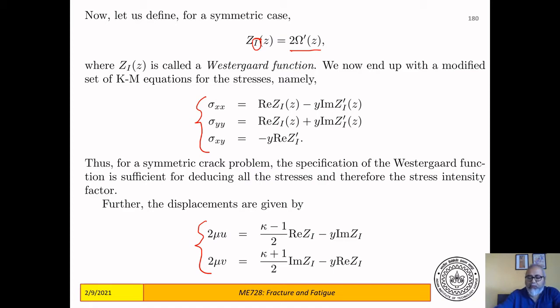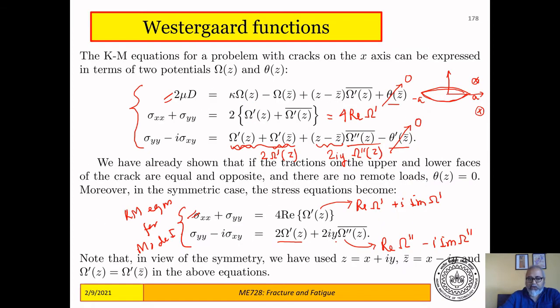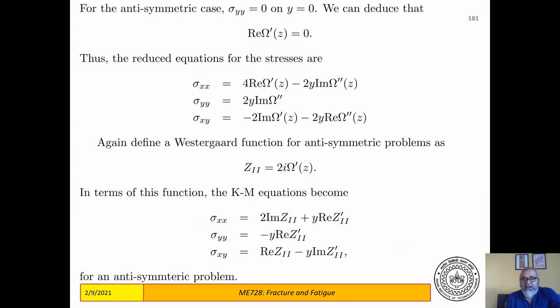Similarly, we can do a similar operation for the antisymmetric case. So remember here we conjectured that this and this have to be equal above and below the symmetry line in the symmetric case. For the antisymmetric case, they would be antisymmetric, so they would cancel each other out, and then you will get another set of equations in terms of omega prime and omega double prime, which will give you the stresses for the antisymmetric case.